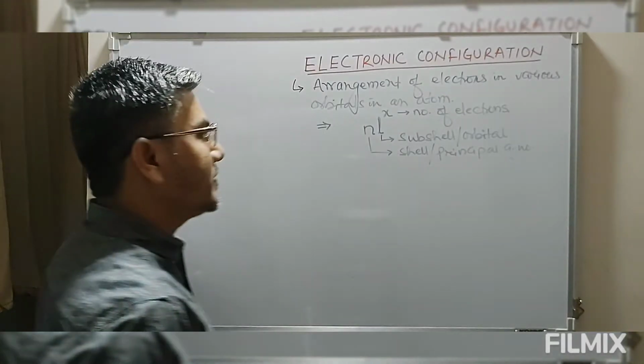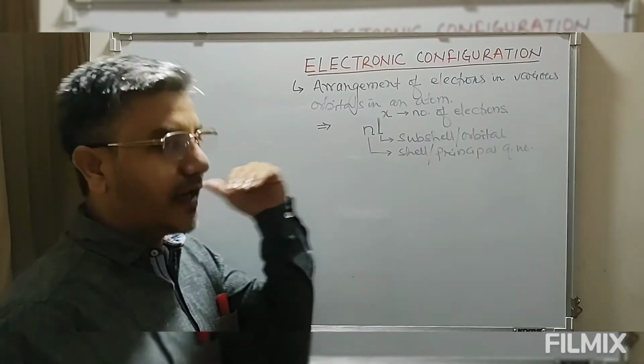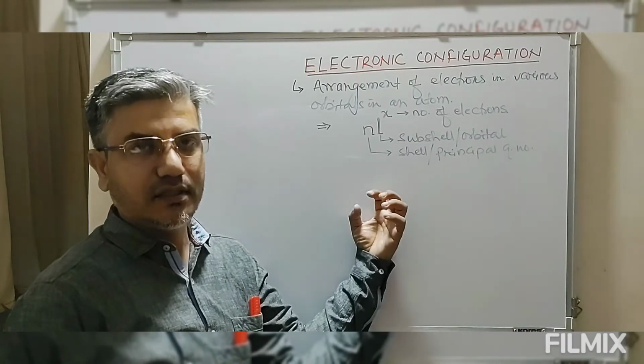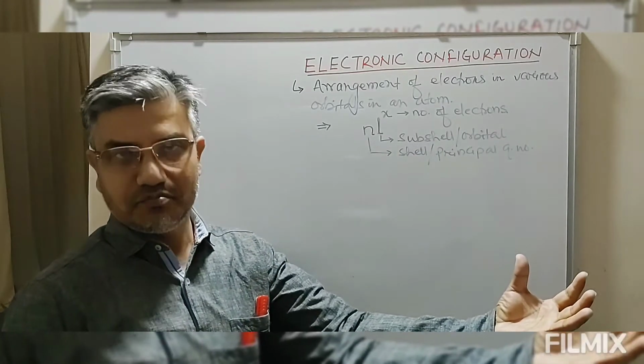So once we have this, we have an idea in a particular orbital how many electrons are to be placed.